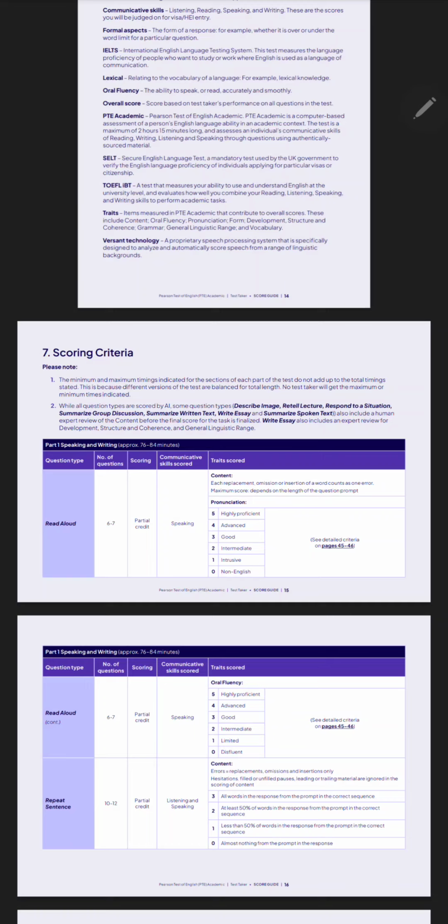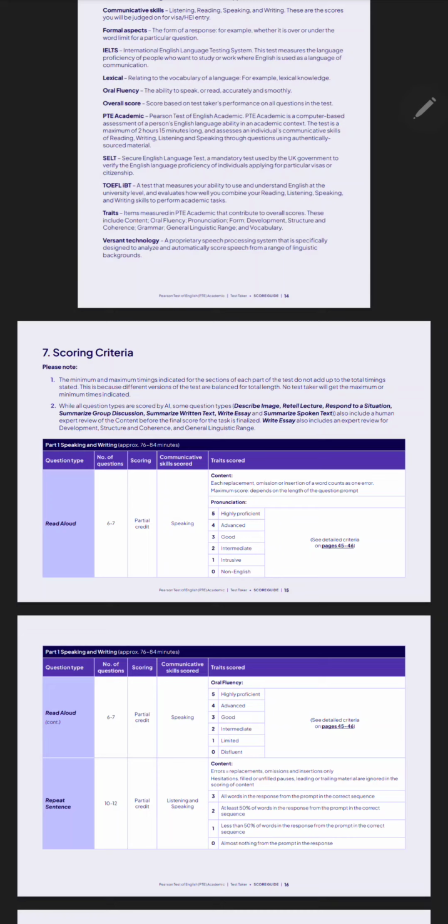In reading aloud, the aspects that are evaluated are first the content. Each replacement, omission, or insertion of a word counts as one error. So I need to really stick to the original content. The maximum score depends on the length of the question prompts.